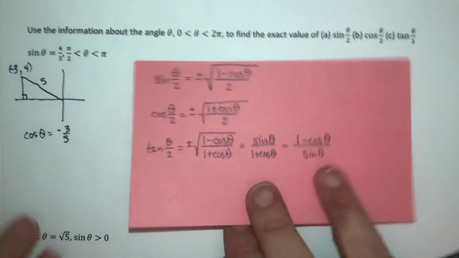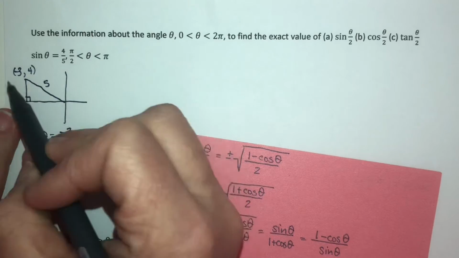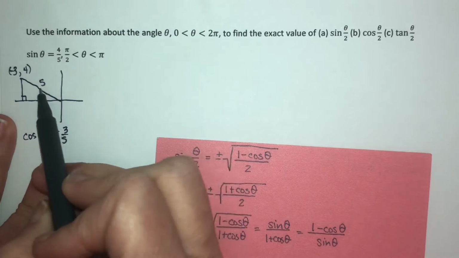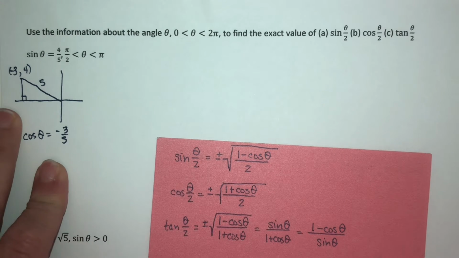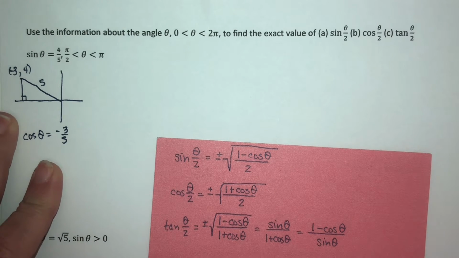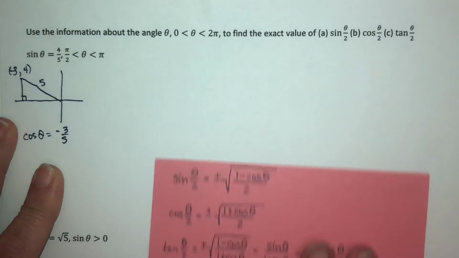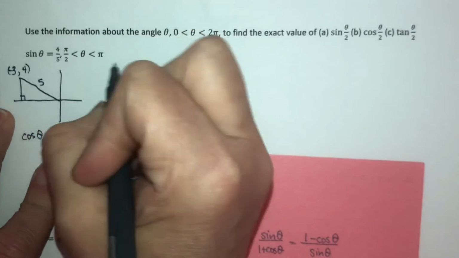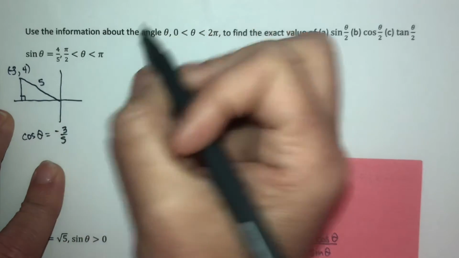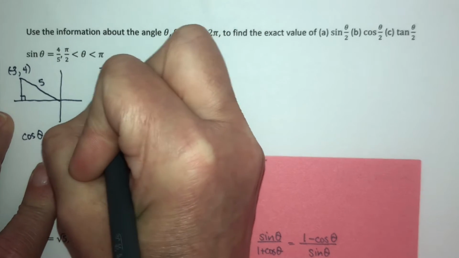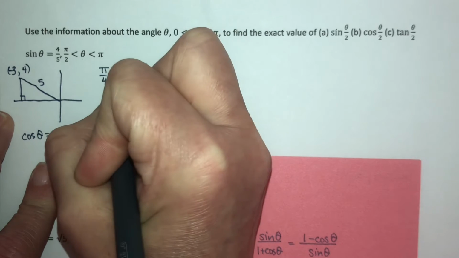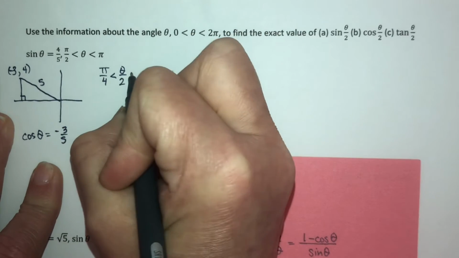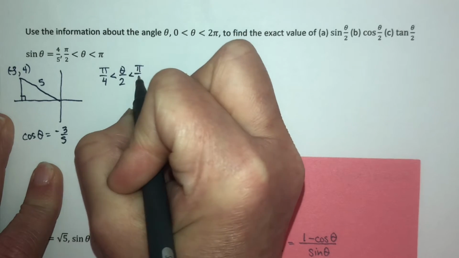Well, if theta is here, sine is positive here and here, so sine is going to be positive. Actually, if I take half of our angle, if I divide each of these by 2, I have pi over 4 is less than theta over 2 is less than pi over 2.